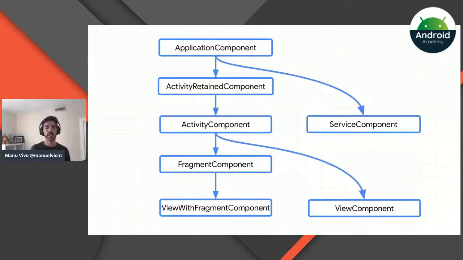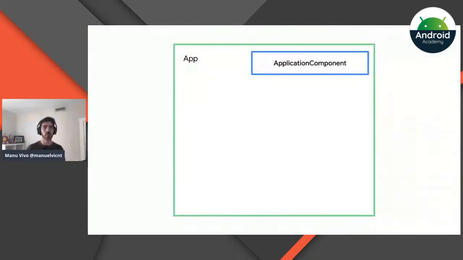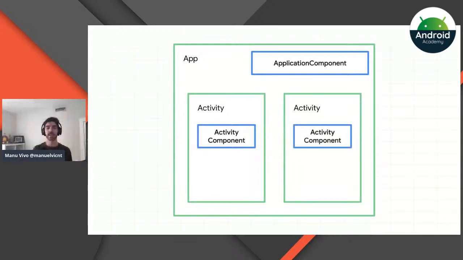So as we were saying here, we have the application component that is going to be managed by the Android framework classes. And as I said before, every new activity will get its own instance of the component. So they are not reused. They will have different instances.